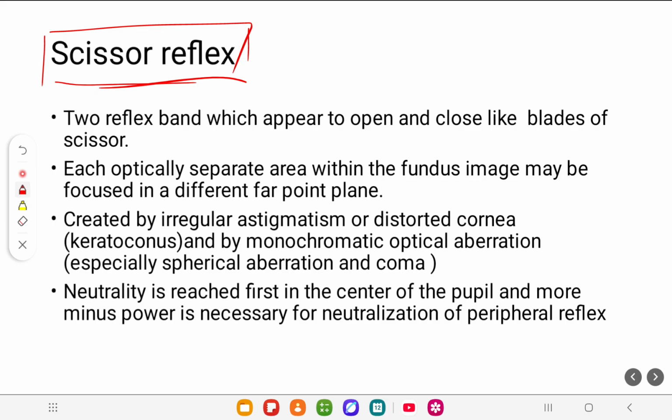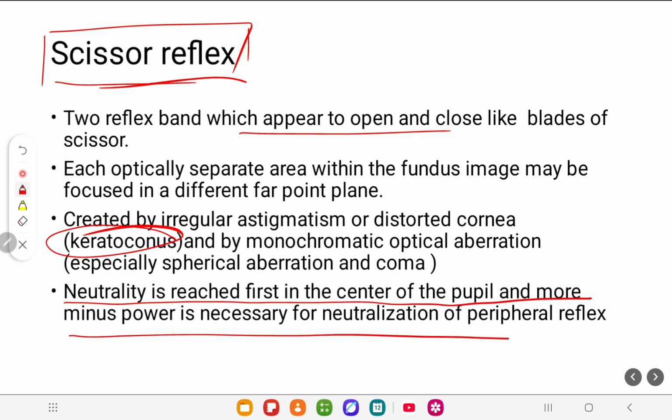So it's very important with the scissor reflex to examine the cornea and the lens, the optical components. And then another thing, keratoconus is one of the possible causes. Another very important point: neutralization is reached first at the center, and then minus is necessary. So do neutralization of the central reflex.